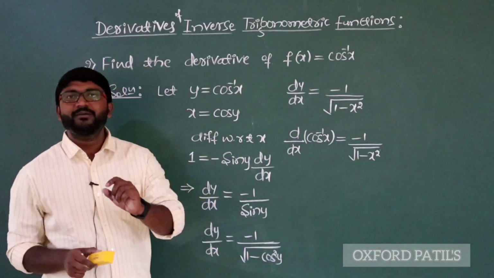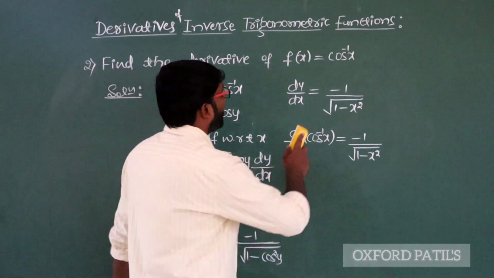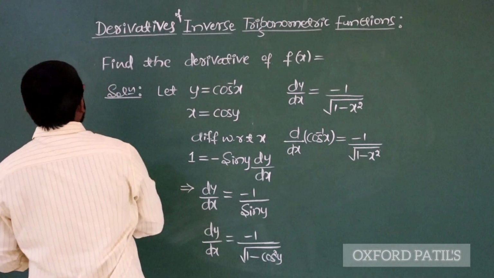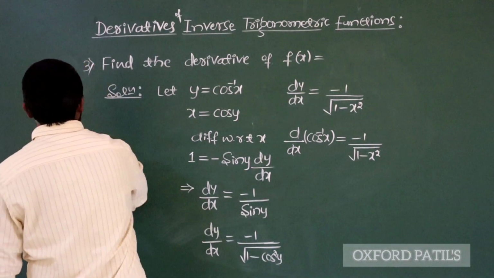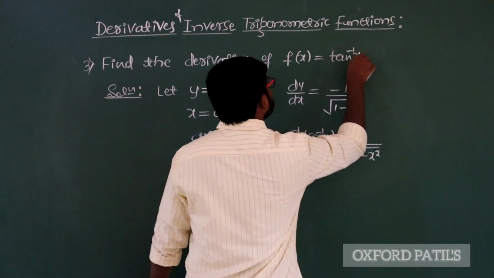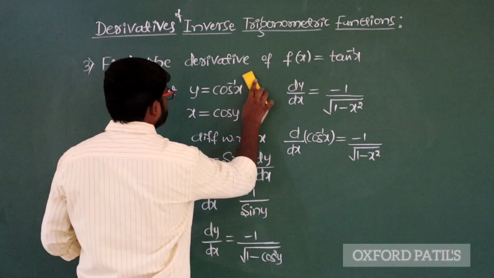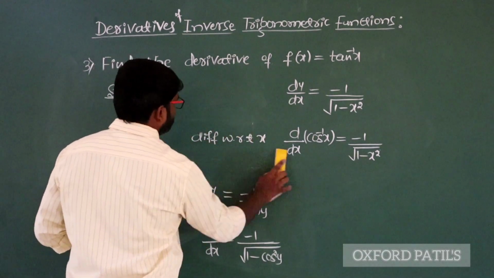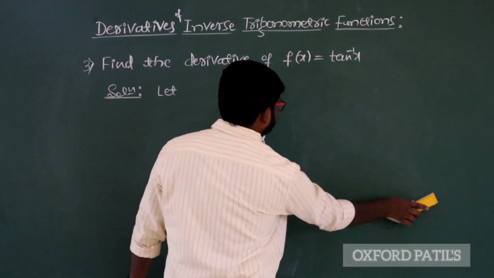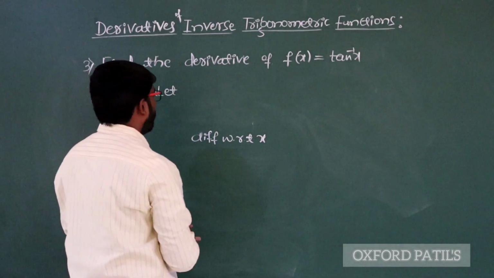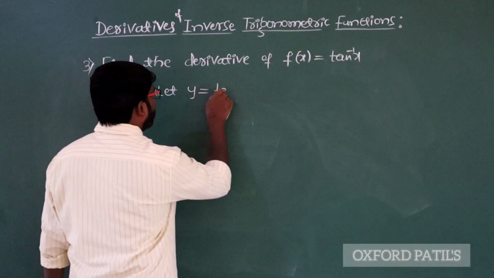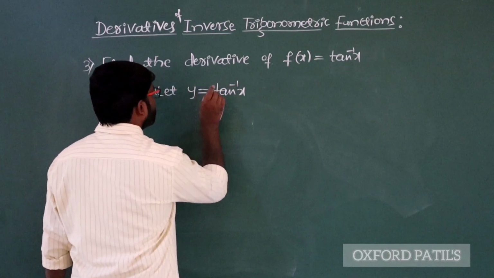Note down this and then we'll take up the derivative of tan inverse x. Third one, find the derivative of tan inverse x. Well, let y equal tan inverse x.